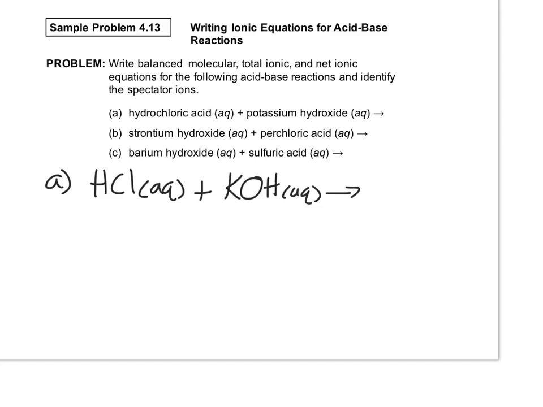Now, this is going to be very similar to those precipitation reactions where we had the cation pairing with the anion of one and the other, vice versa, right? So the thing that has the positive charge in hydrochloric acid would be the proton, the H+. The negative thing would be the OH. And what happens when I pair H and OH together?